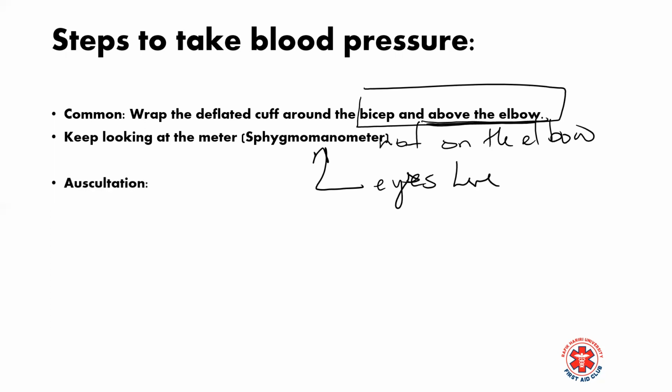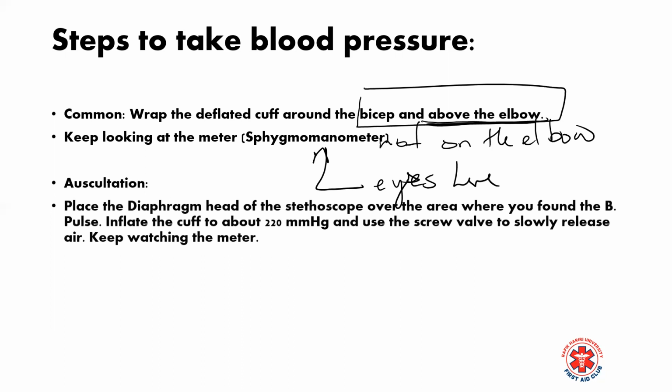If I want to listen, I'm going to place the diaphragm head of the stethoscope. The stethoscope has two heads. That's the diaphragm head, and it's meant to listen to the higher frequencies, the heartbeat, my breathing, and so on.